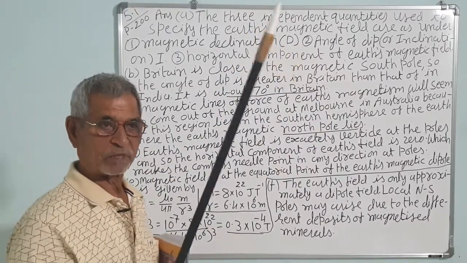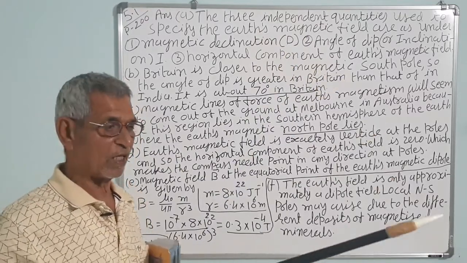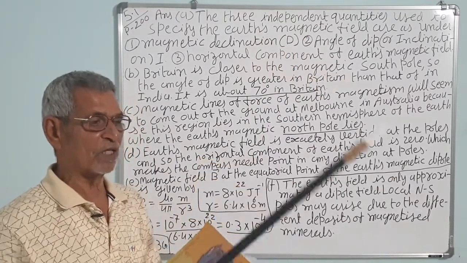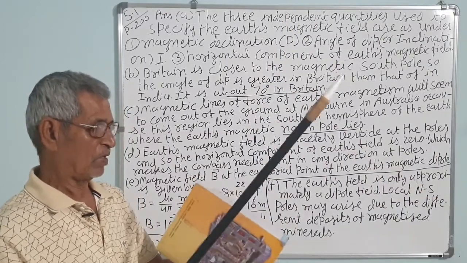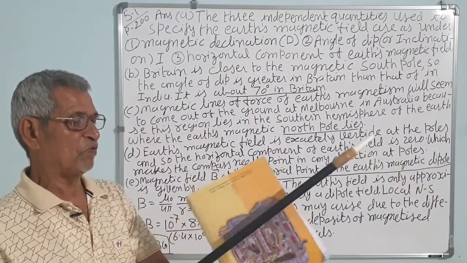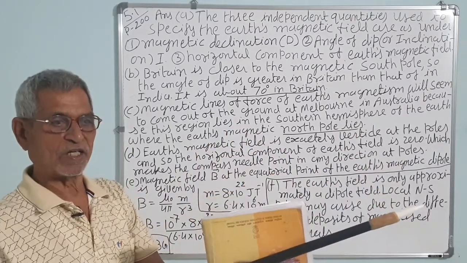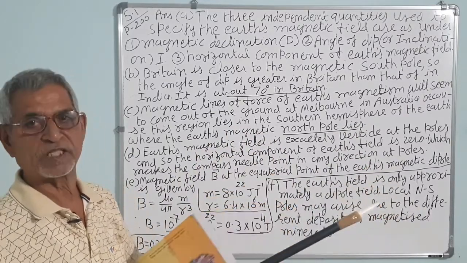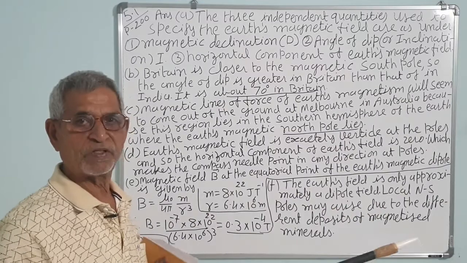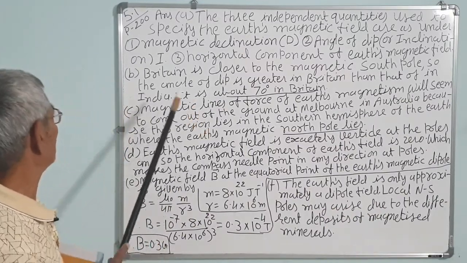If it is suspended on a horizontal axis, so it can move in the vertical plane, then it will stay vertical at the poles. So, near the pole it is 90, and in between it is between 0 and 90, as we have already studied.